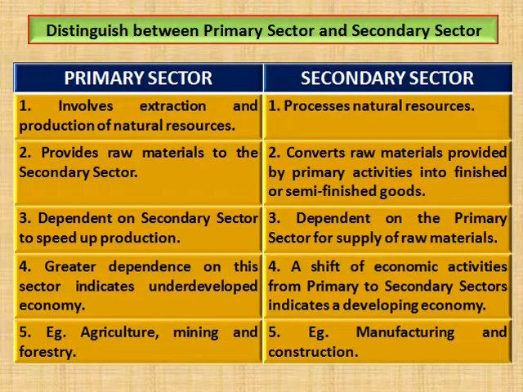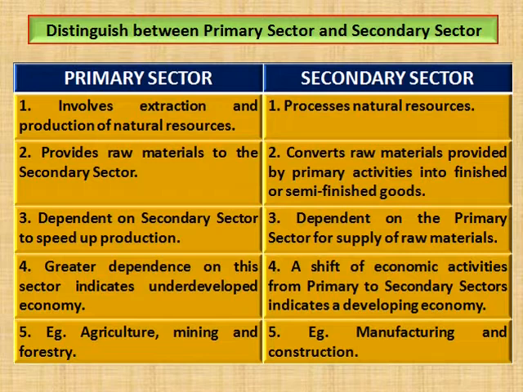The primary sector involves extraction and production of natural resources, whereas the secondary sector processes natural resources. The primary sector provides raw materials to the secondary sector, whereas the secondary sector converts raw materials provided by primary activities into finished or semi-finished goods.